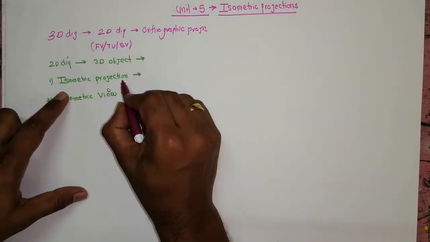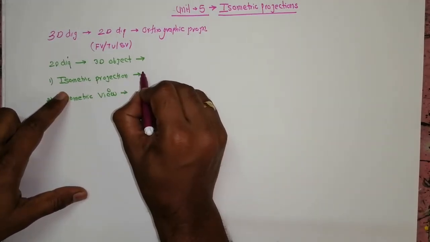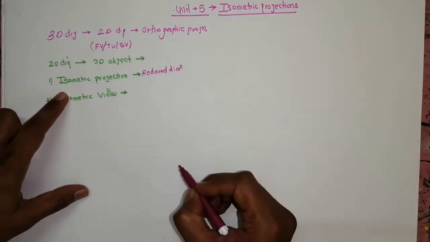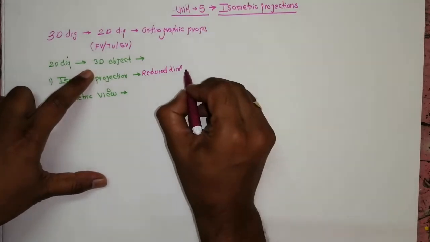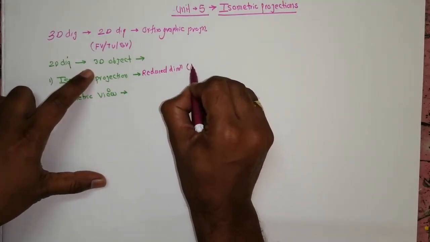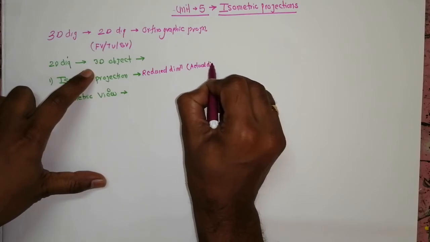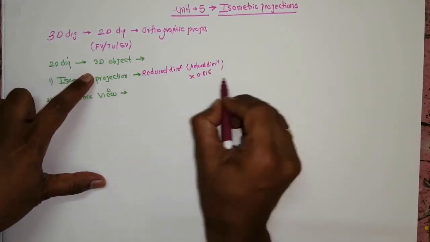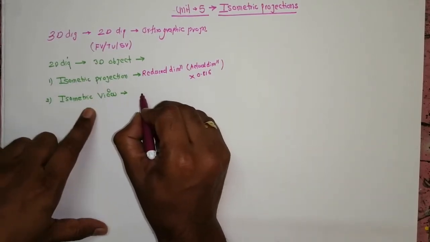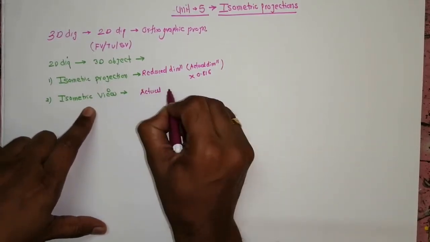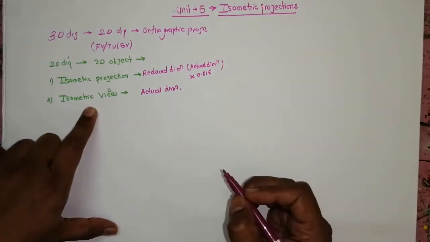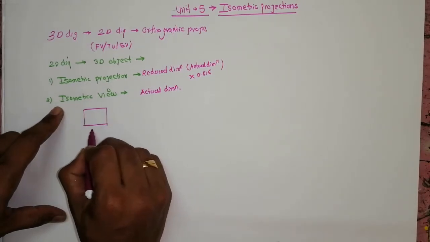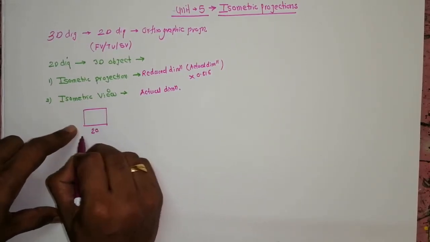In isometric projection, we actually take the reduced dimension while constructing this three-dimensional object. This reduced dimension is the actual dimension multiplied by 0.816, so the dimension gets reduced. In isometric view we take the actual dimension. For example, suppose in the front view the length is given as 20 mm.